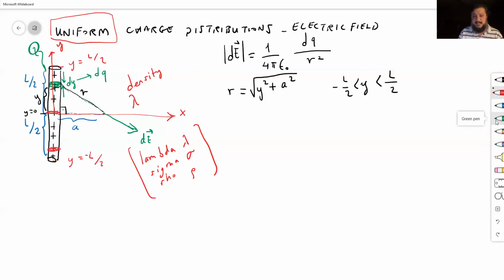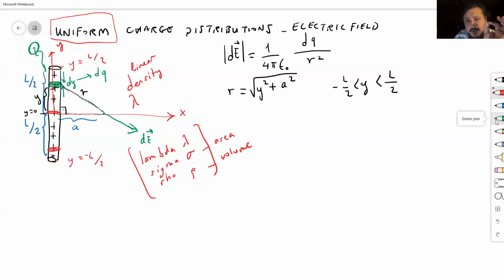But since it's a linear distribution now, see, I'm considering a very narrow cylinder, right? I'm just not worried about the thickness of the cylinder. So linear density is enough. This is linear. This is for area. This is for volume. Just a general notation convention.